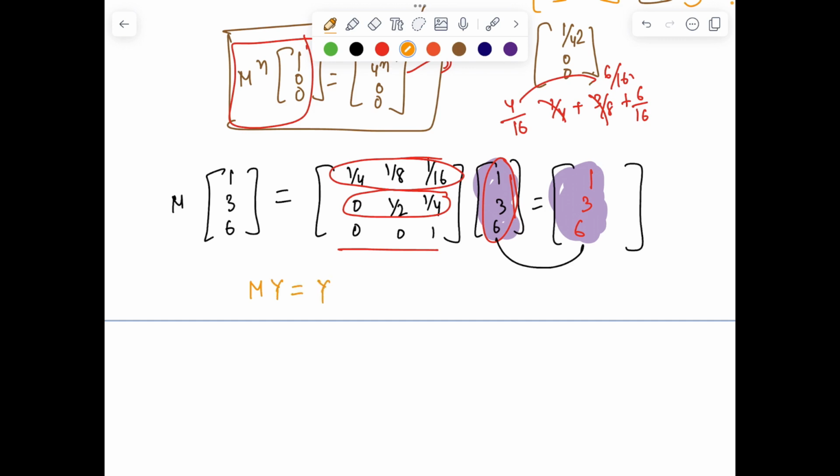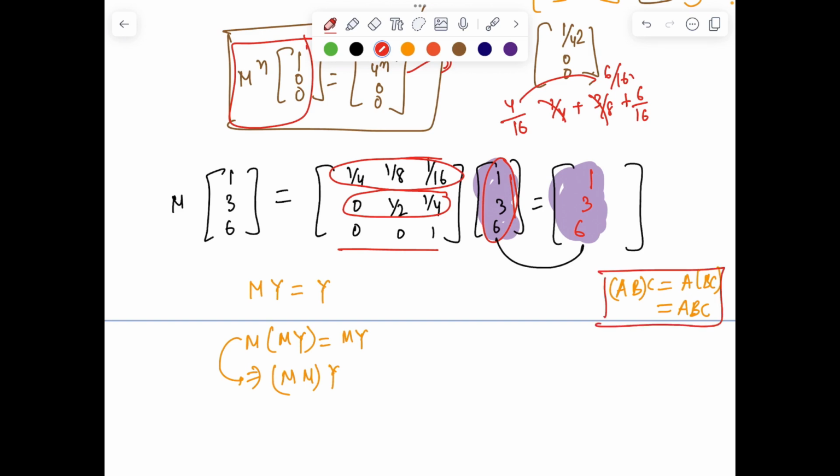So what about if I pre-multiply this with M? This is going to give me M times MY. And from here to here I have used the associative property of matrices, where AB times C is the same as A times BC. That's why in matrices you can write just the symbol ABC, where it doesn't matter how you read it. ABC is the same as A times BC.